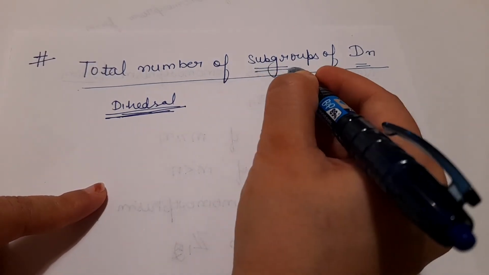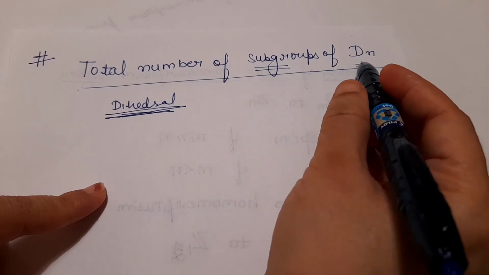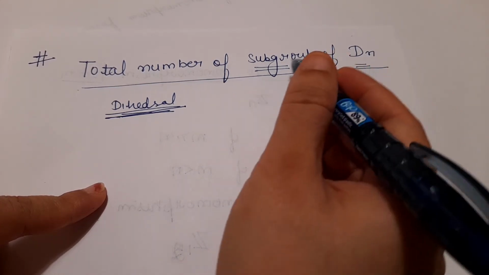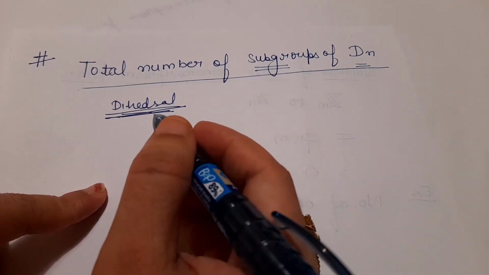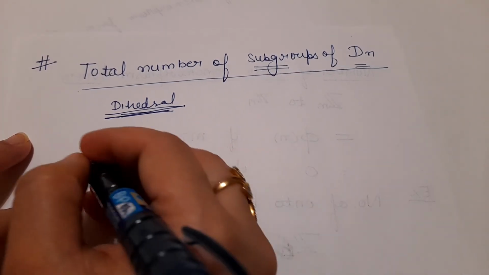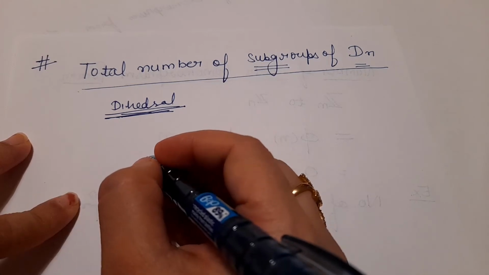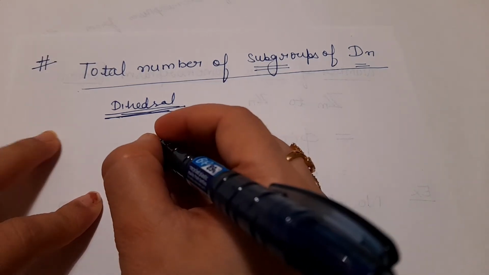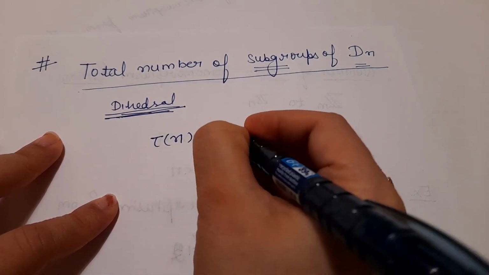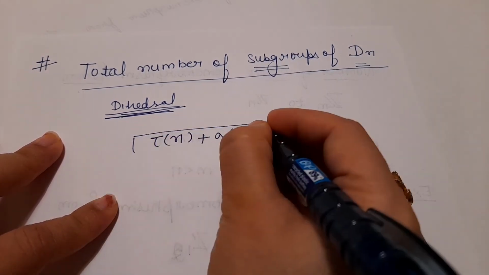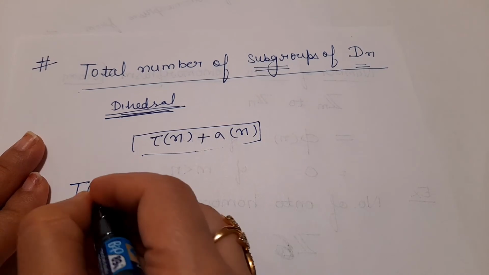Subgroups mean, if we have a group, the subsets of that group which are groups themselves are subgroups. And we need to find the number of subgroups. So for Dn, the short trick is that the total number of subgroups of Dn is tau n plus sigma n. What is tau n?